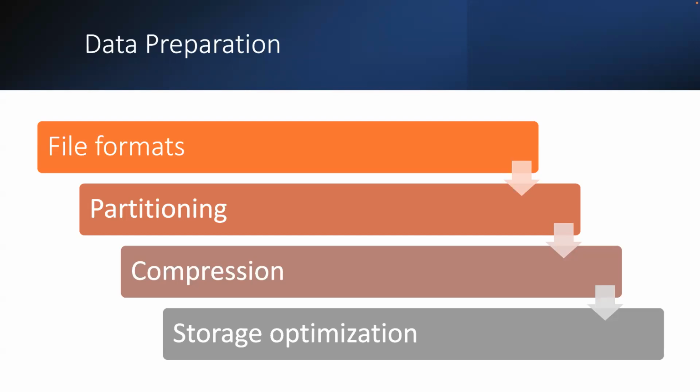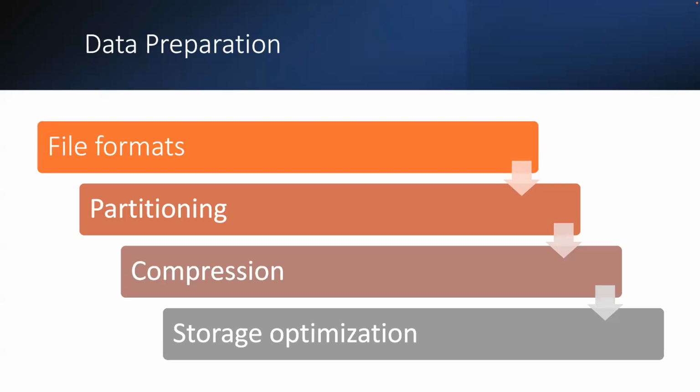So you can pick which one is well suited for you. And partitioning is where you partition your files according to some attribute, like a date. A date is a very common attribute where you partition your data, right?